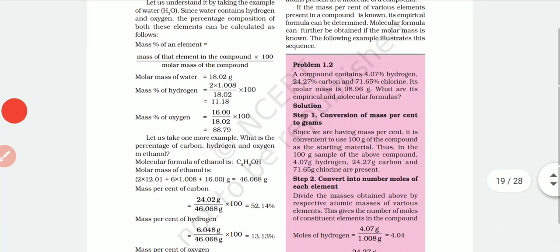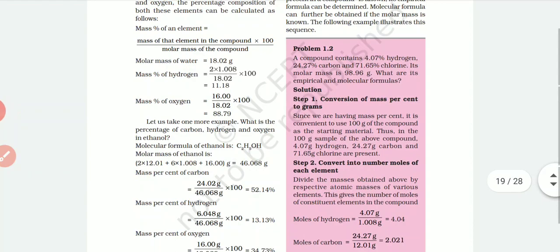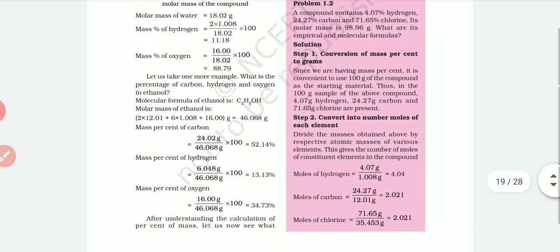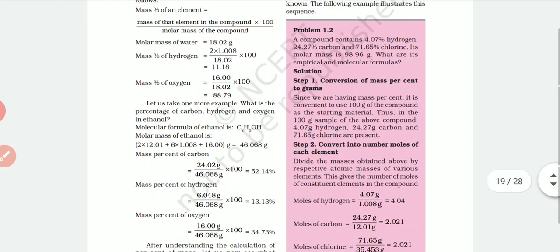See here, a compound contains 4.07% hydrogen, 24.27% carbon and 71.65% chlorine. Its molecular mass is given as 98.96 gram.